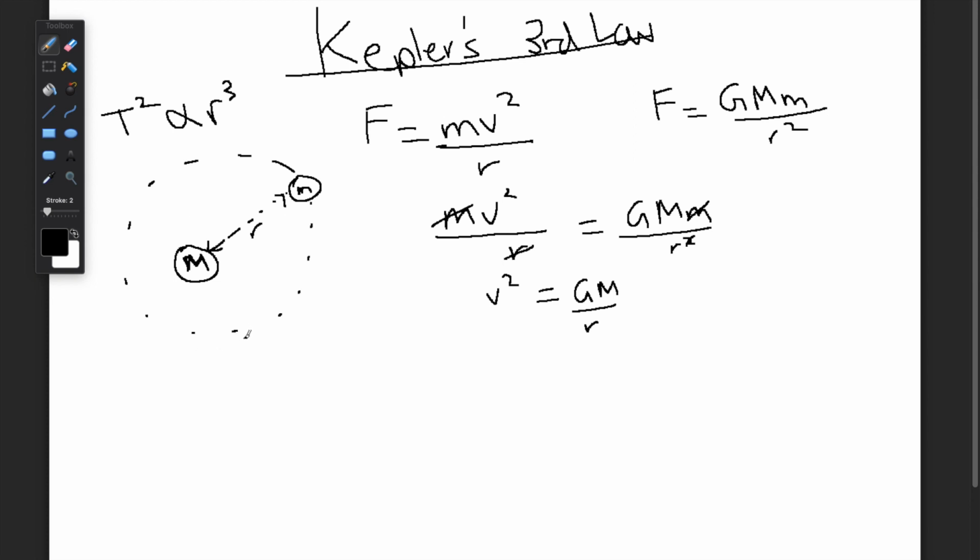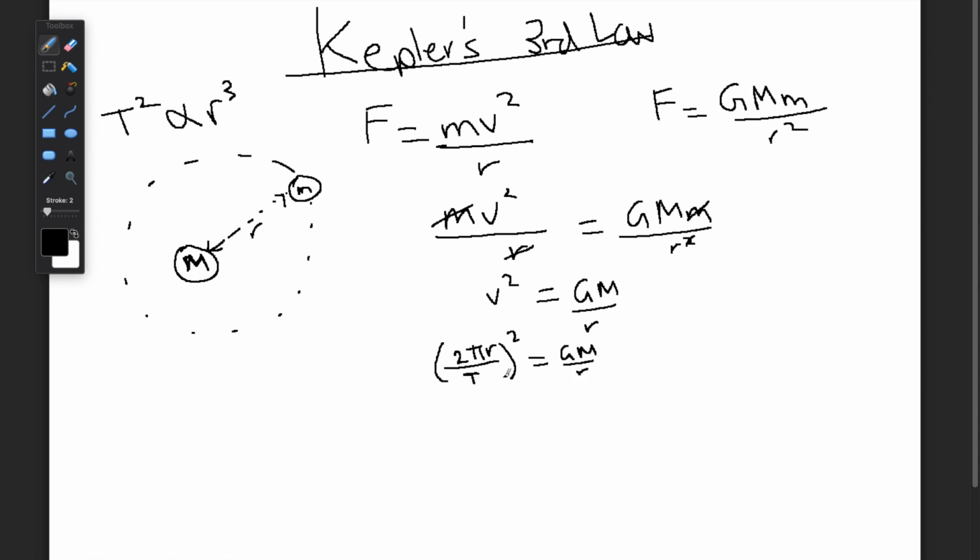The distance here, as we're assuming it's a circle, would be the circumference of the circle, which would be 2 pi r. So we'll have 2 pi r, and the time period is just going to be T. So this is all squared, and that's equal to GM over r.